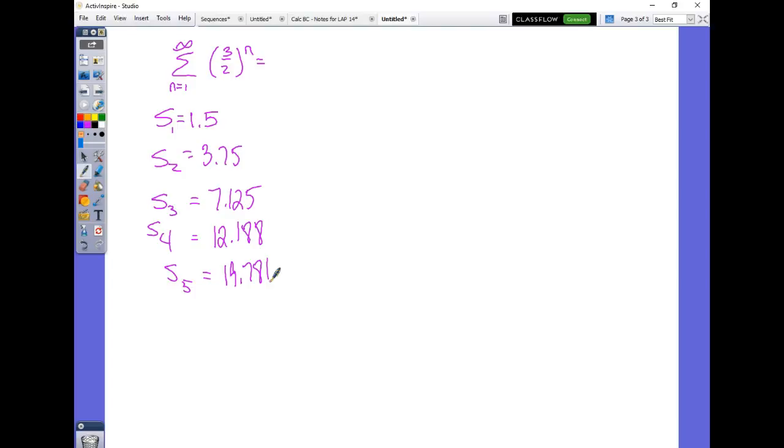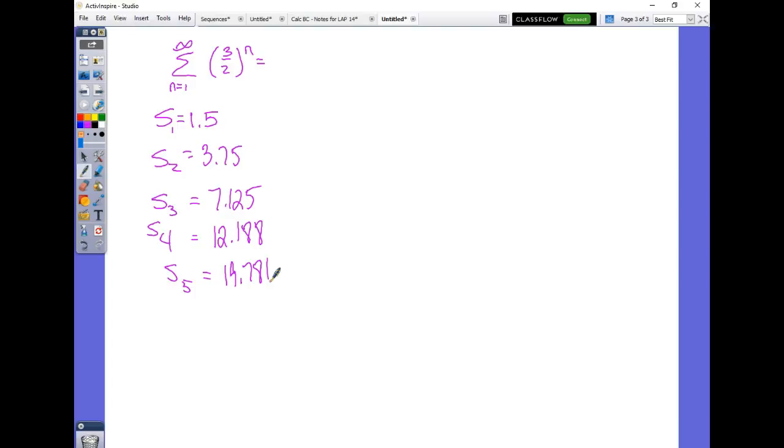But wait, let's go back, because we actually talked about this earlier. If we would have taken this particular sequence and assessed this sequence, would this sequence have converged or diverged? Take the limit as n approaches infinity. That's 3 to the n over 2 to the n.